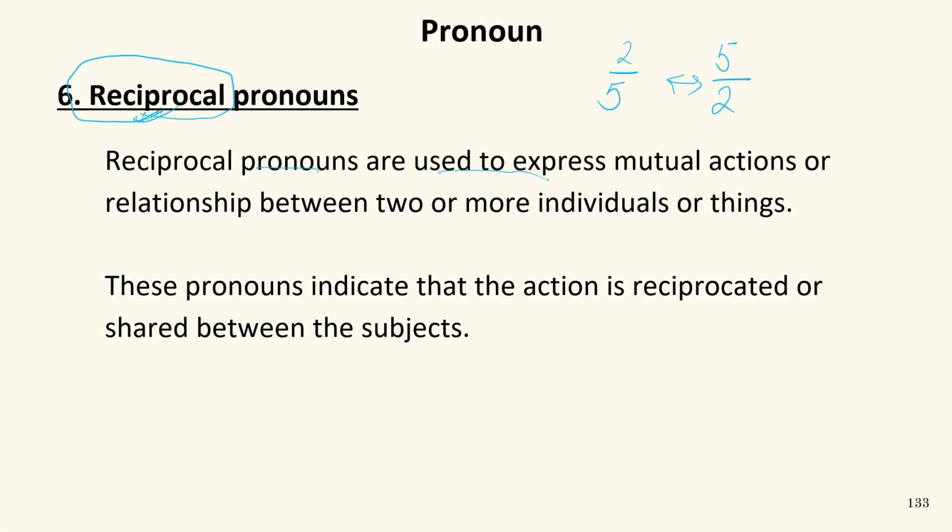Reciprocal pronouns are used to express mutual actions or relationship between two or more individuals or things. These pronouns indicate the action is reciprocated or shared between the subjects. They are generally used to show the reverse reaction among the members.